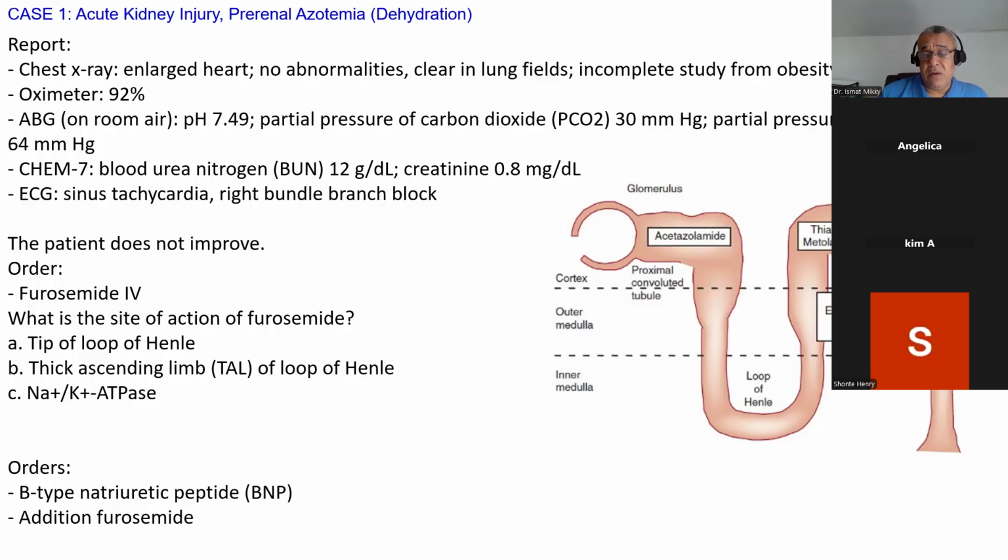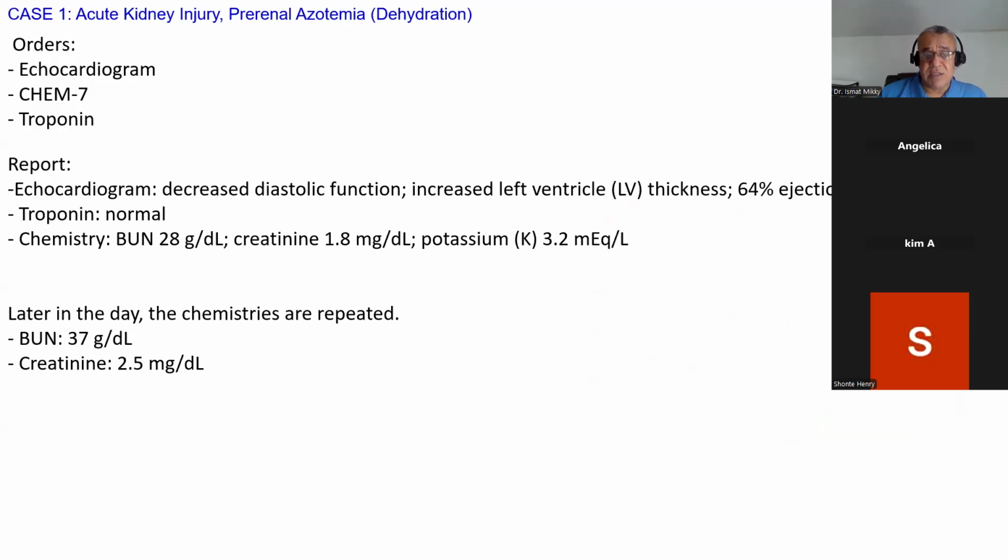Others call it a loop diuretic. The exact site is B, the thick ascending limb of the loop of Henle. That's exactly where this drug works in the kidneys.